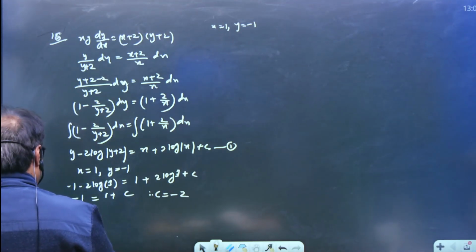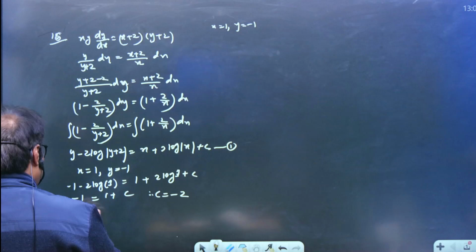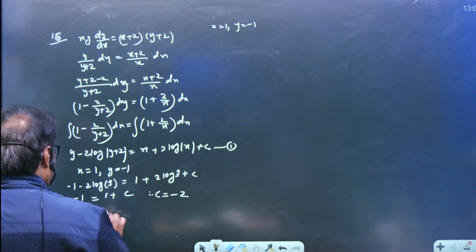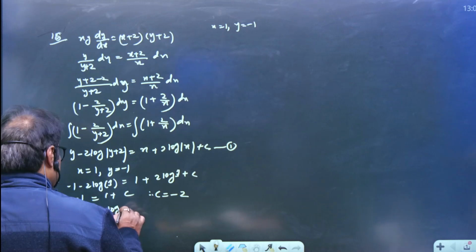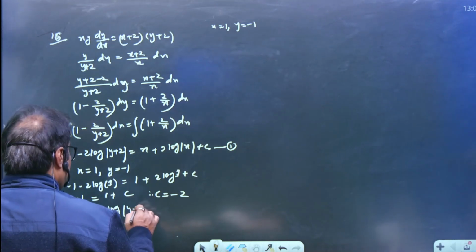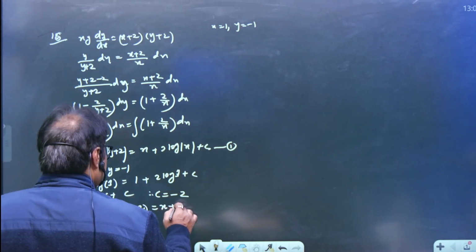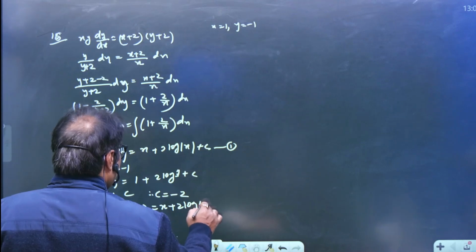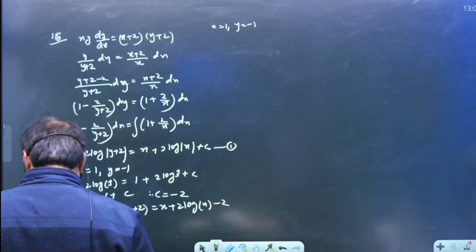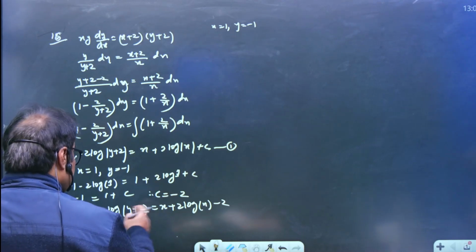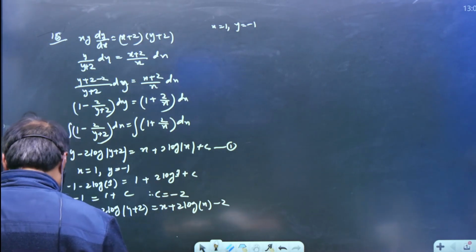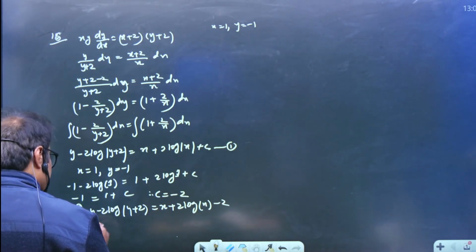So from the first result, the final equation is y minus 2 log y plus 2 is equal to x plus 2 log x minus 2, or we can write it like this, or we may leave it up to here, or we can write one more step.